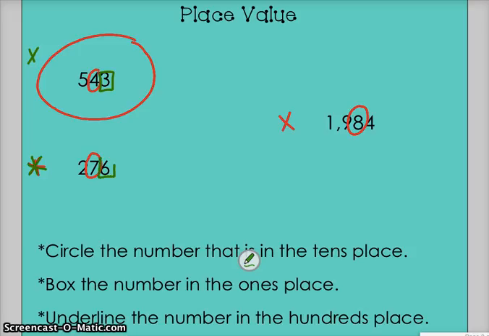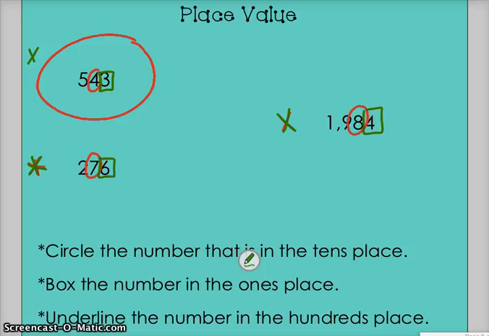You're so smart. The 6 is in the ones place, and the value is, of course, 6. And 1,984, the number in the ones place, correct, is the 4. The value is 4.